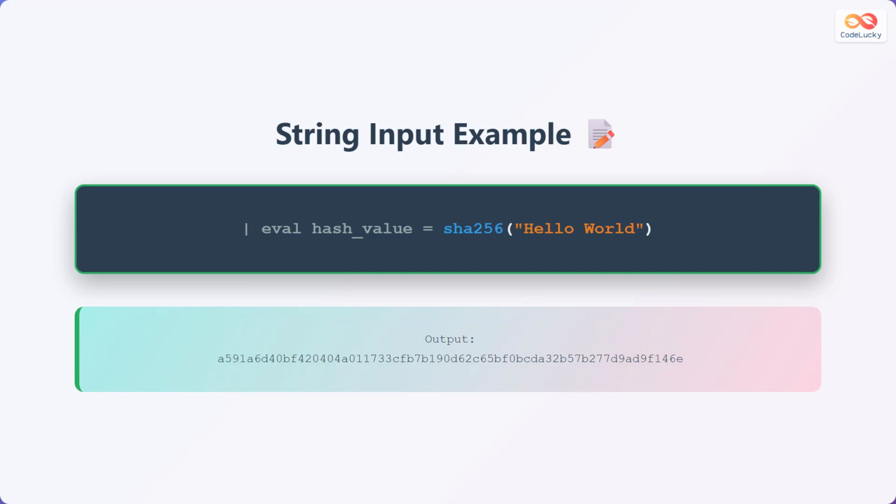The resulting output is a 64-character hexadecimal string, 591624040117337B7B190D62C65BF0BCDA32B57B277D9A9F146E. This hash is deterministic, meaning running this command multiple times will always produce the same result.